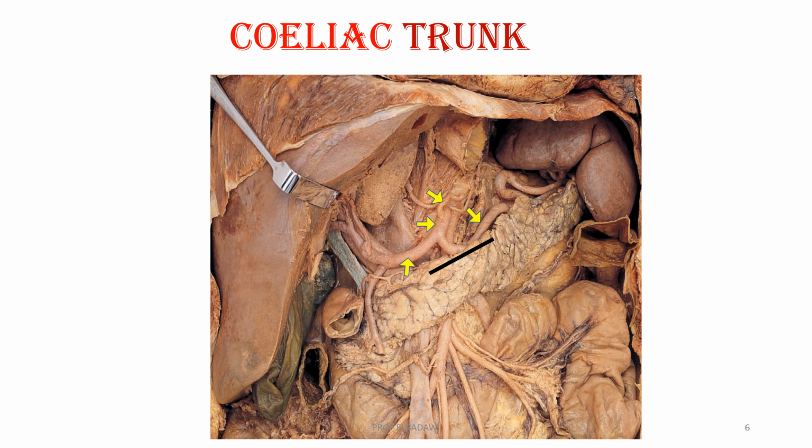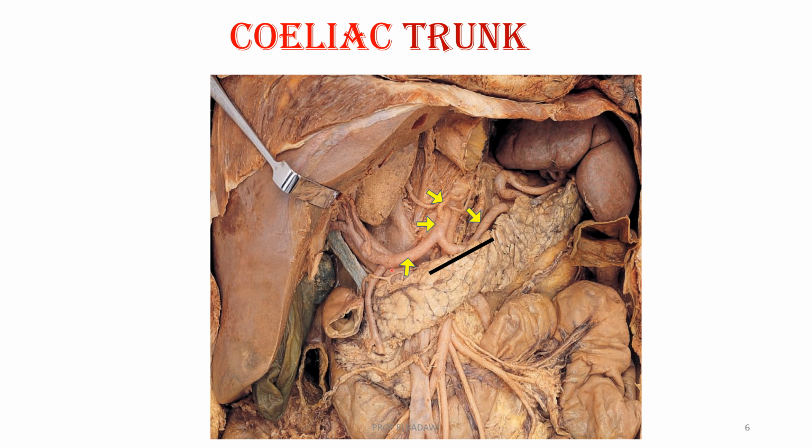So that artery is surrounded by a celiac plexus of sympathetic nerves, which will extend through its branches to the organs supplied by these branches. There are two celiac ganglia on each side of the main trunk.